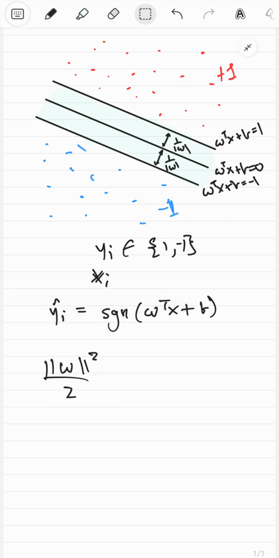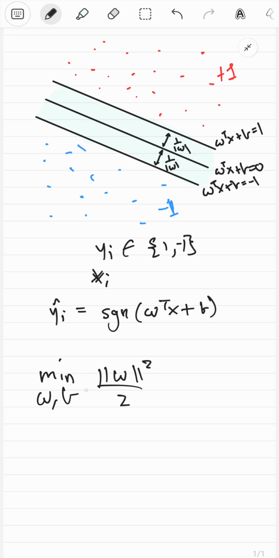Okay, so we have to minimize this under some constraints. The only things we can really change are omega and b, so we minimize with respect to omega and b. I'm saying omega, but it could be w or any other variable. The constraints are that each point should be correctly classified.